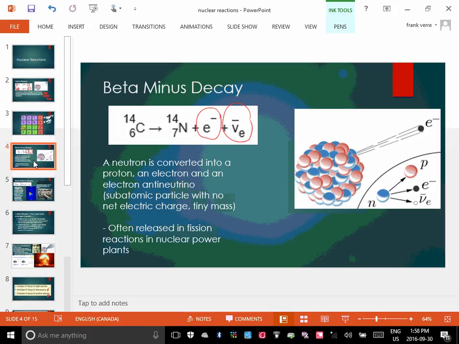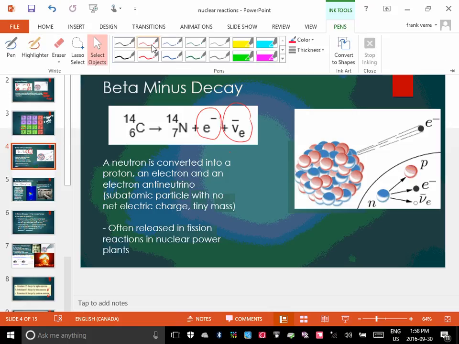And when they meet, they actually annihilate each other, right? So the electron antineutrino is just the antimatter partner of the electron neutrino. So this is beta minus decay. If you think about balancing out the equation, what do you see on the left side? You have the mass, which is what?